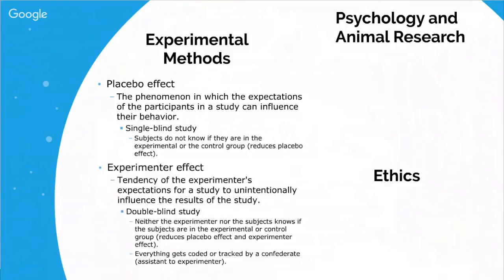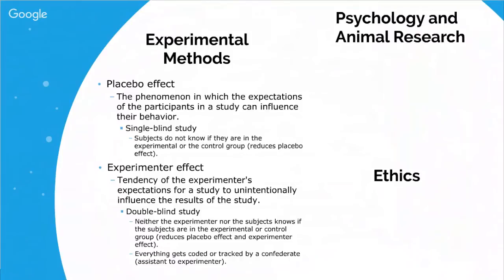And when we're talking about experimental methods, this can be called the experimenter effect. And what this means is that the experimenter itself can unintentionally influence what's happening in the study and the data that's in the study, just because they know what's going on.